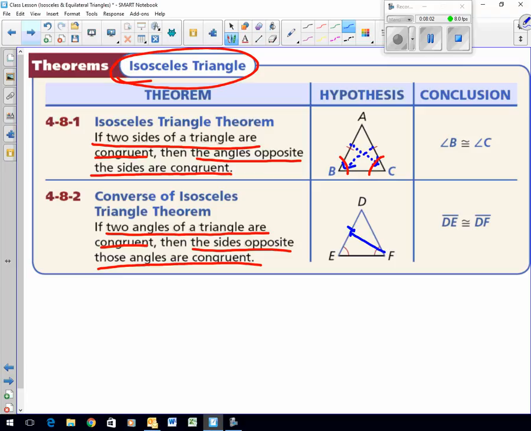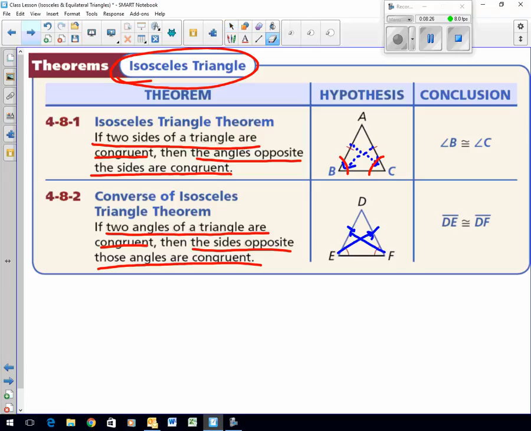Camry, what side is opposite angle E? FD. Start at the angle, go all the way until you hit the opposite side. So these angles are congruent, and the sides opposite them are congruent. Okay? That is what my theorem states.